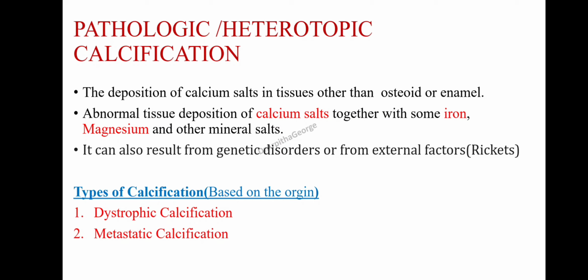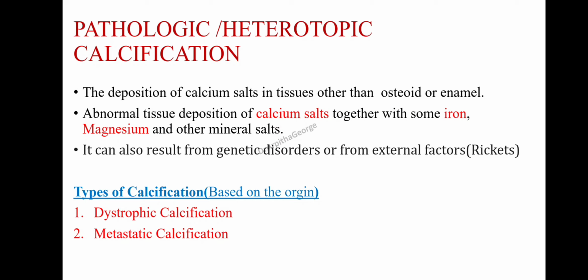And one more thing, it is not just calcium salts deposition, but the deposition of calcium salts along with some amount of iron, some amount of magnesium, and some other mineral salts. I told you the pathological mineralization or calcification can happen because of many things.